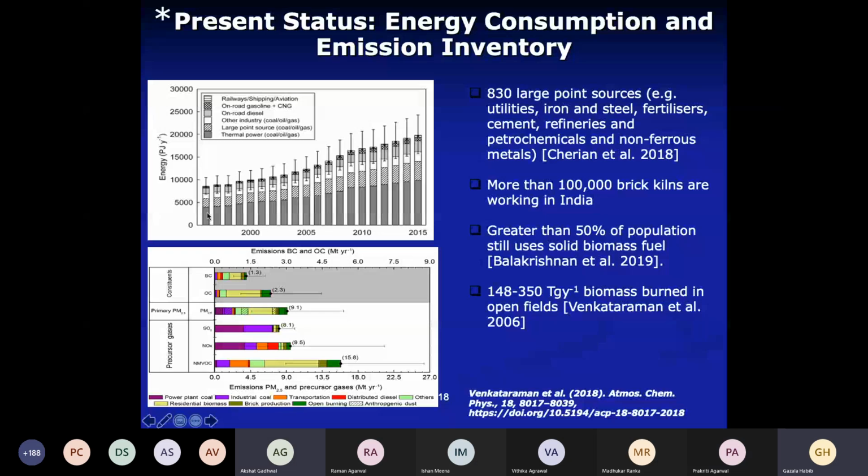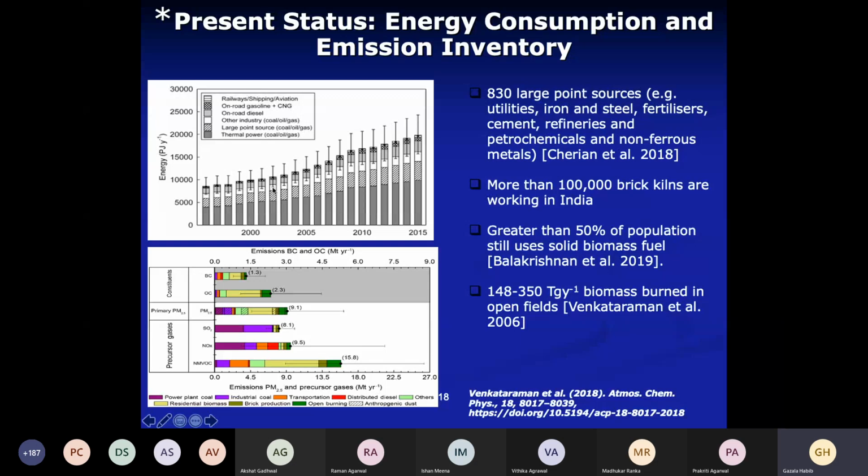Yes. So here you can see the dark gray is thermal power, coal and gas and oil. Above that is a large point source, coal and gas. That is not thermal but other industries which are large point sources, like the steel industry, cement industry, and so on.